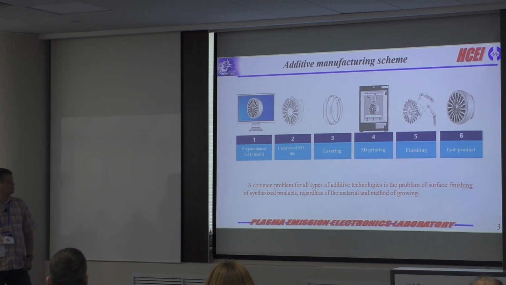And one of the common problems for all types of additive technology, as you know, is the problem of surface finish, the fifth step, regardless of the material and method of growth.